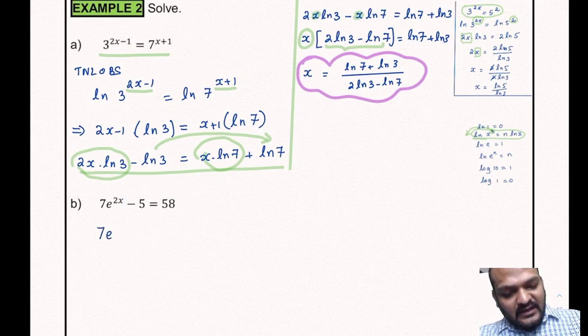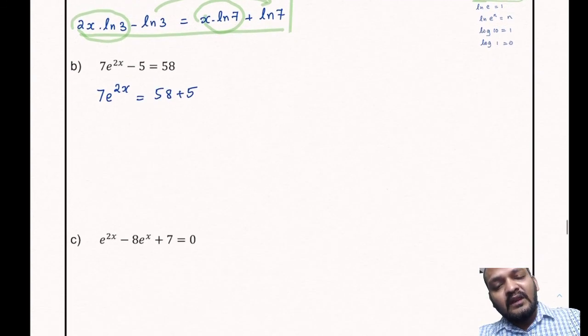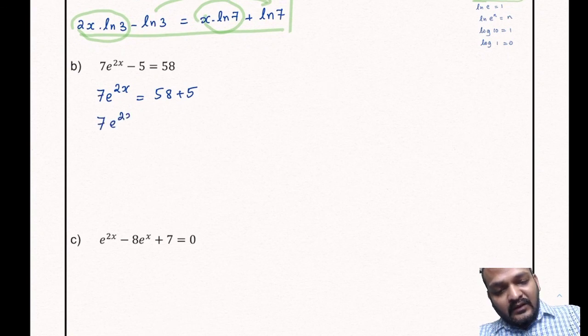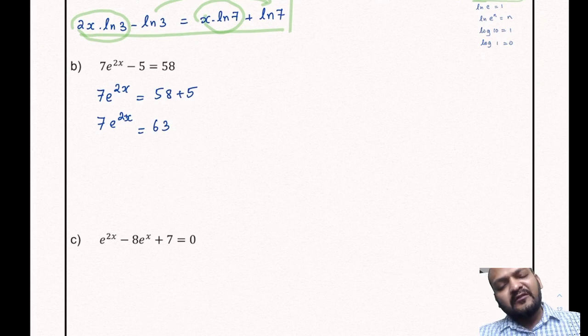So 7e to the 2x equals 58 plus 5, and that tells me 7e to the 2x equals 63, and I'm going to simplify as much as I can. That's very important.